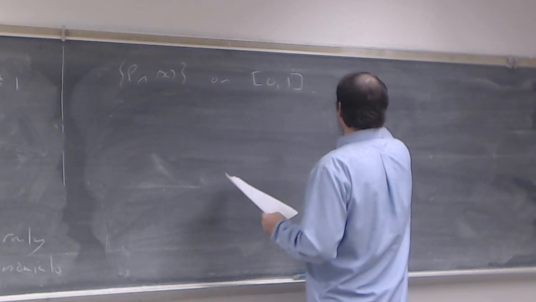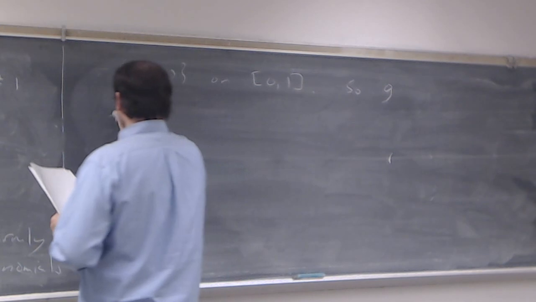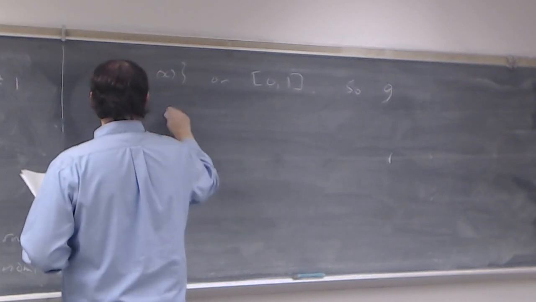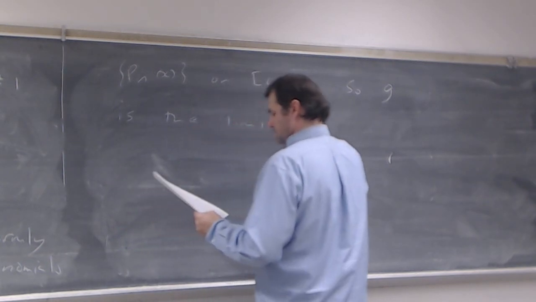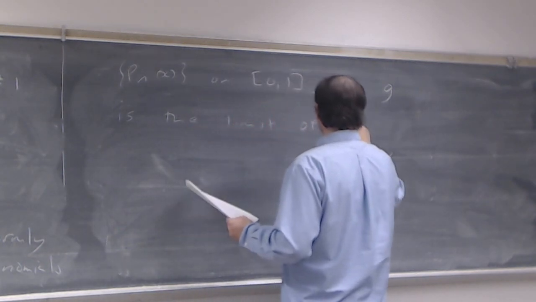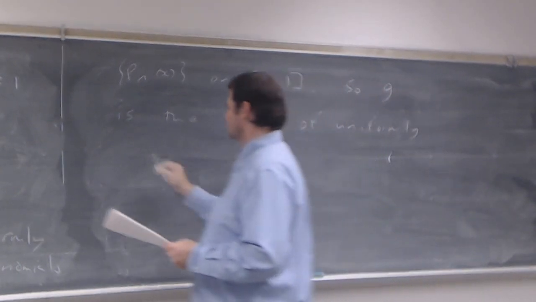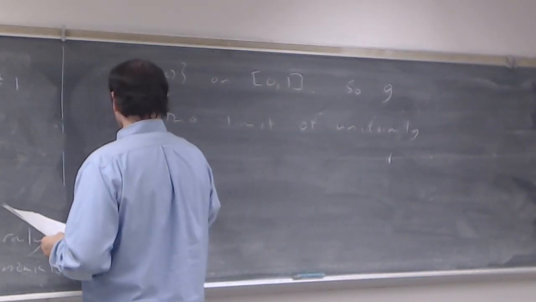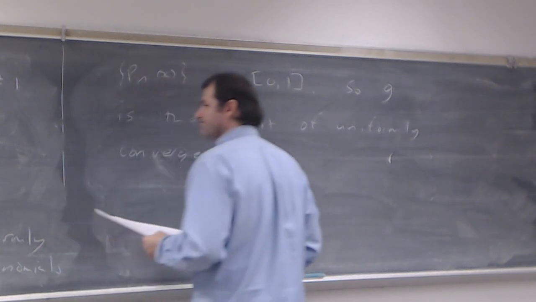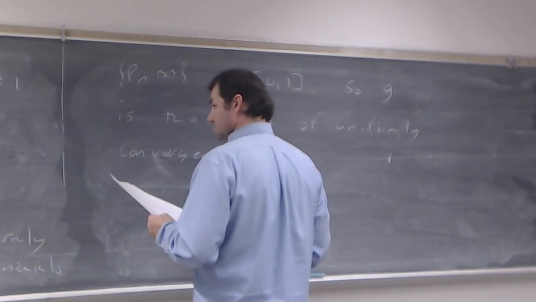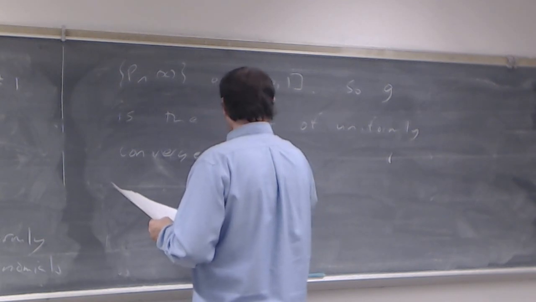So g is the limit of a uniformly convergent sequence of polynomials.